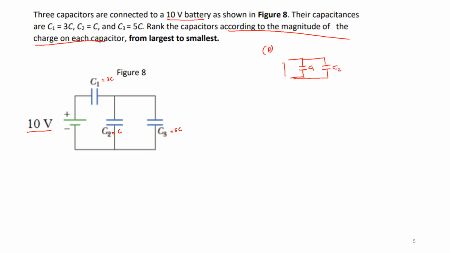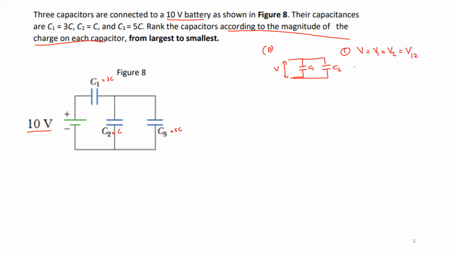And I apply the voltage V. Of course, by definition, this V is equal to V1, which is equal to V2. The voltage across capacitance 1 is equal to the voltage across capacitance 2, and this V I call V12 if I want. It's equal to the V of the EMF. And this is very important. This is my first equation.